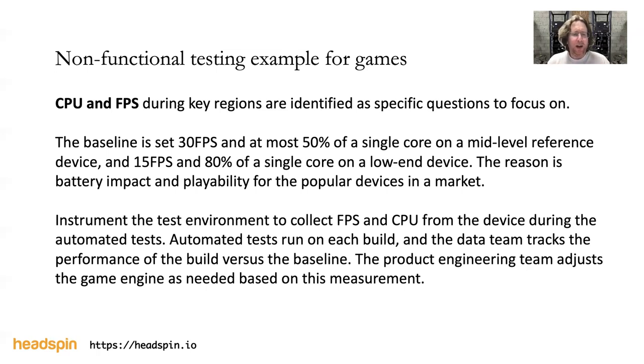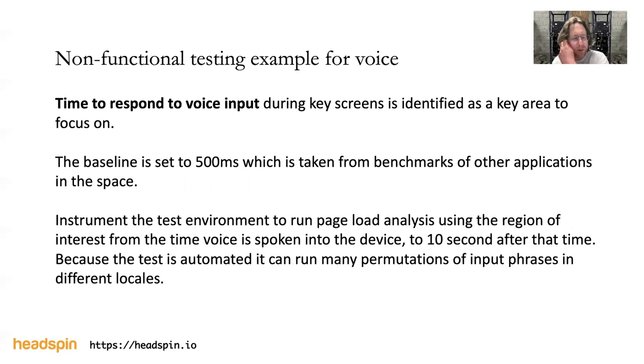By instrumenting the test environment and collecting frames per second and CPU on every test, every time they run a build and test the build, they're able to run regressions using that data, and the product engineering team can adjust the game engine and game logic as needed based on that measurement. This moves the game towards what's considered an excellent baseline, and gives confidence that for any device playing this game, the user is going to have a great experience.